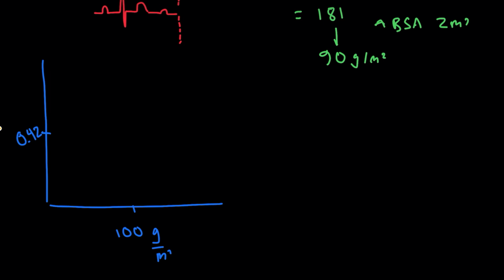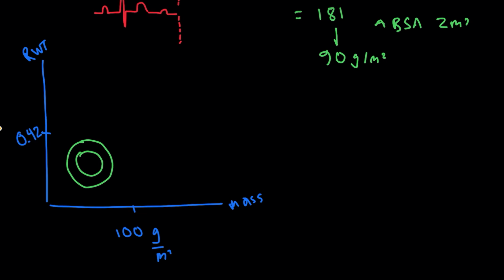So the heart that we just examined, both the relative wall thickness and the mass were normal. So it would fit right in here. Normal overall size of the heart and normal wall thickness.